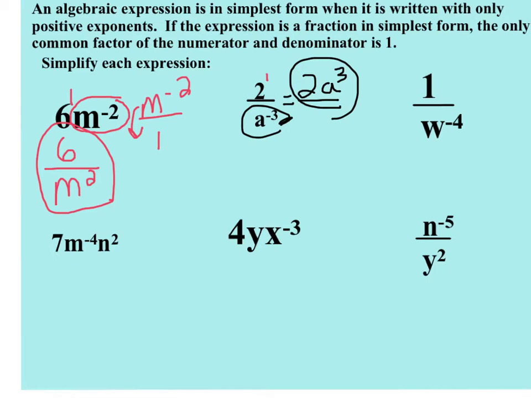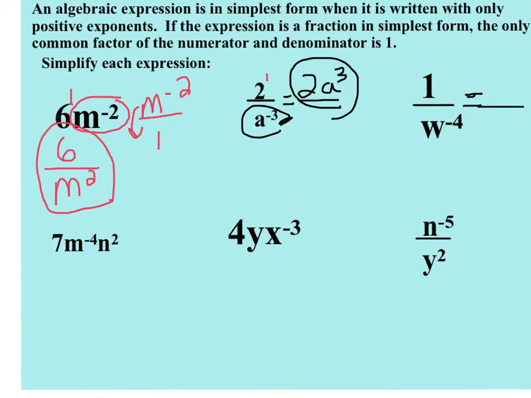Let's do this one. I see we have a 1 on top, and we have a w to the negative 4 power on bottom. Well, it's a negative exponent, so because it's negative, we have to change its position. That w to the negative 4 power has to change its position from being in the basement, and now it has to go upstairs.